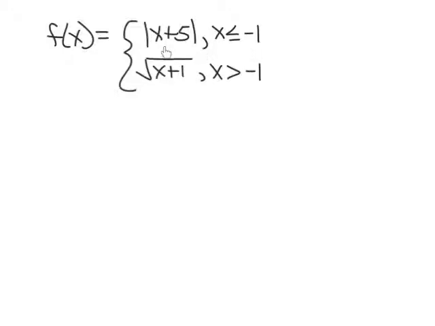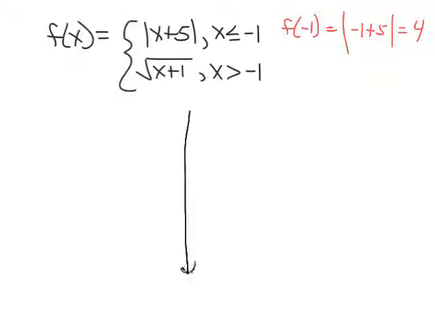I'm going to evaluate f of negative 1, which means I have to evaluate it up here. F of negative 1 is going to be the absolute value of negative 1 plus 5, and that is going to be 4. So I'm going to sketch this graph, and hopefully your lines will be straighter than my lines.